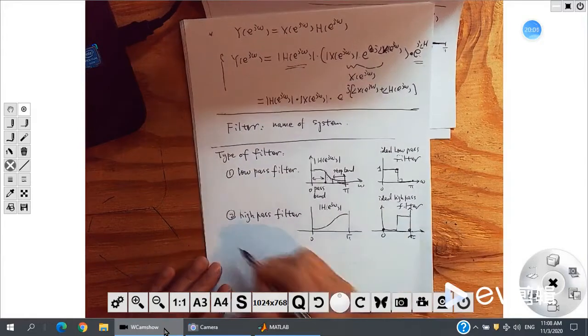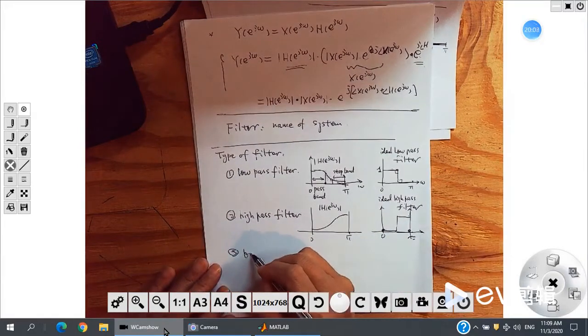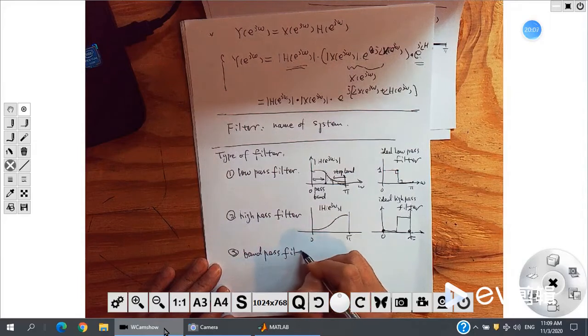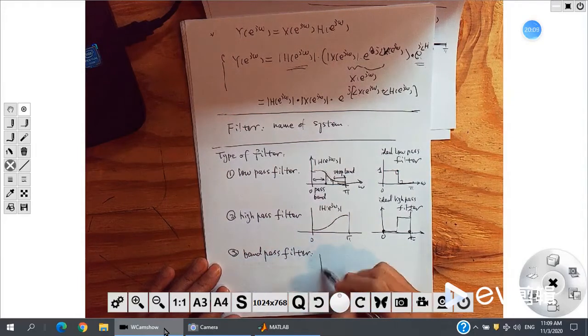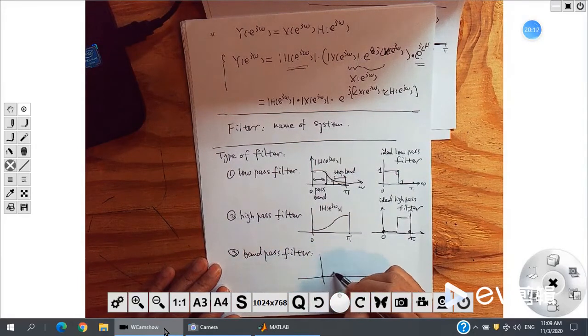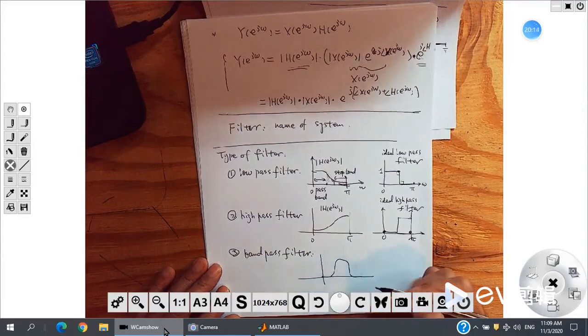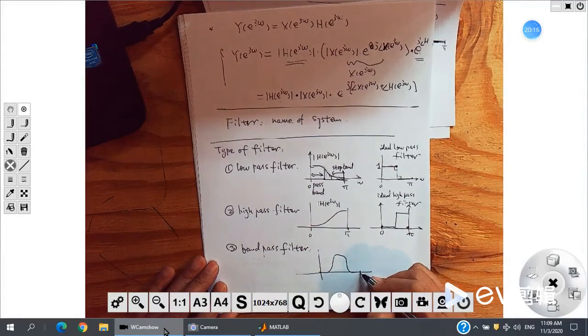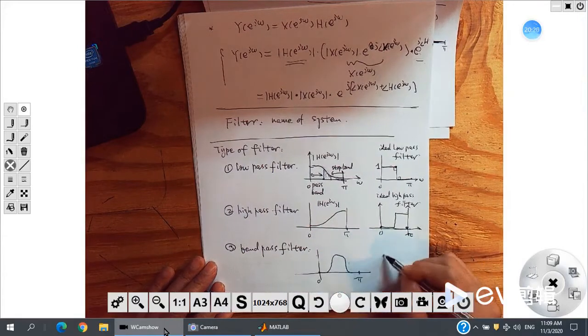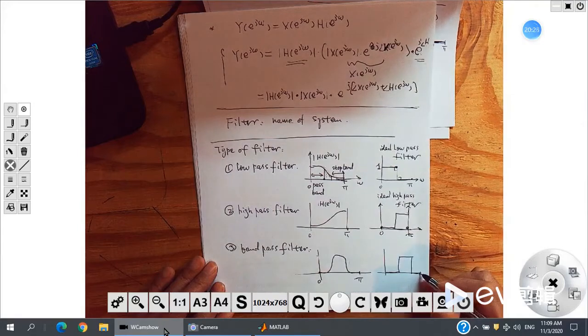The third one is the band pass filter. It looks something like this, from 0 to pi, and the ideal one will be strictly like this, with 1 here. Something like this is a band pass filter.